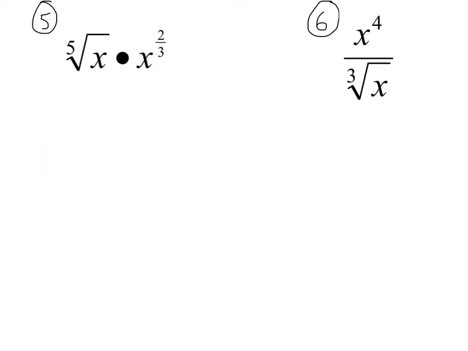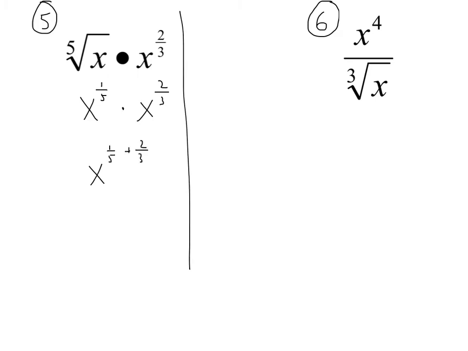So the first one, we can rewrite this as x to the 1/5 power times x to the 2/3 power. And we can add those exponents. So this is the same thing as x to the 1/5 plus 2/3 power. Let's do the fraction work over here to the side. 1/5 plus 2/3.